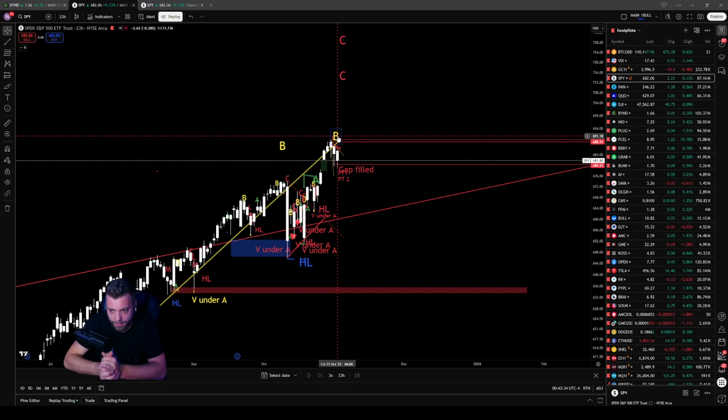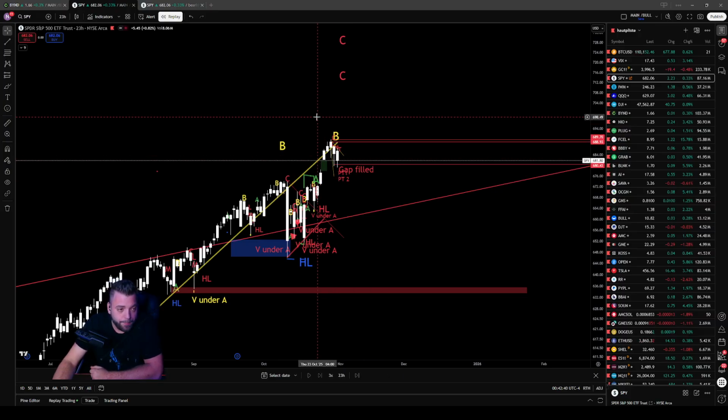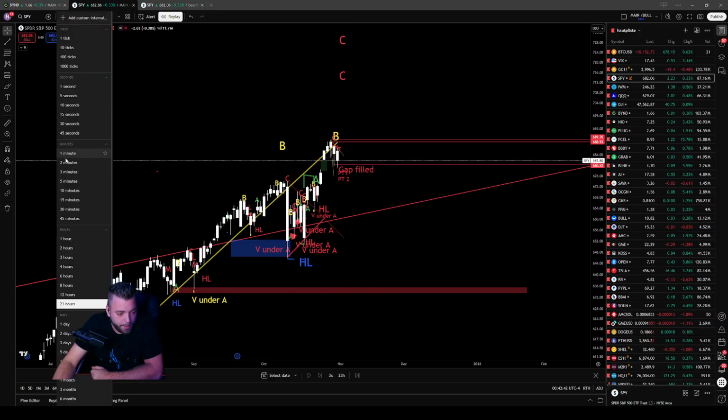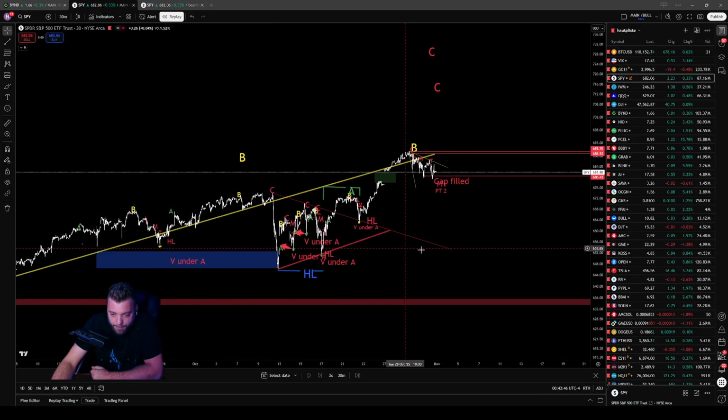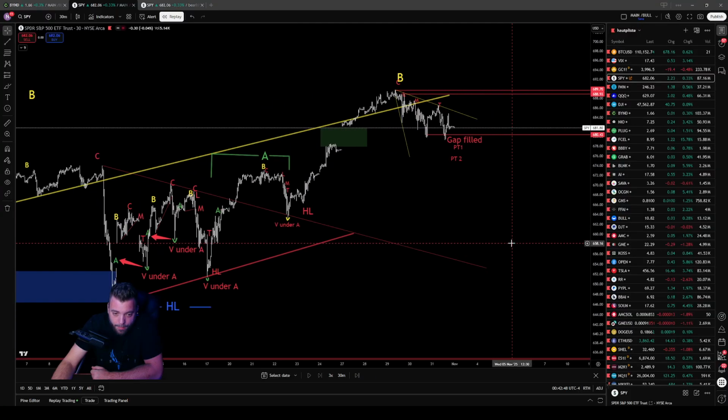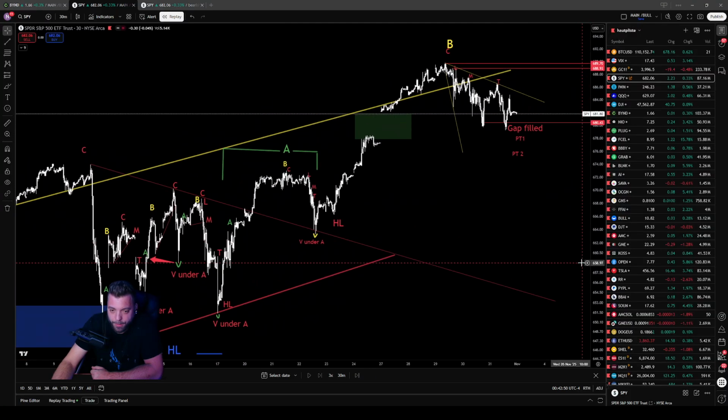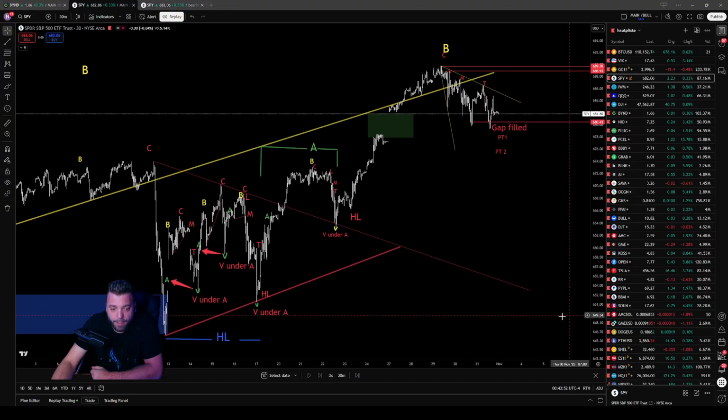So I think there's still a big chance that there will be another peak. So that's our middle tracking. And now let's go into our small tracking.